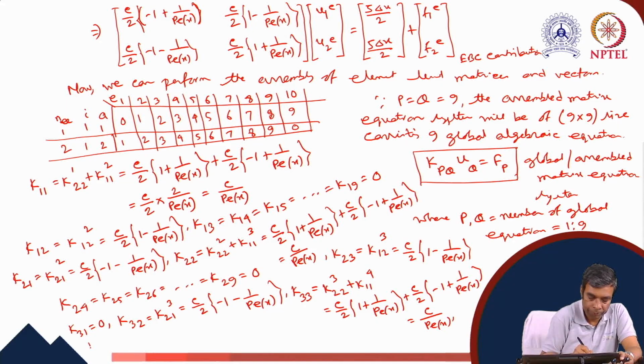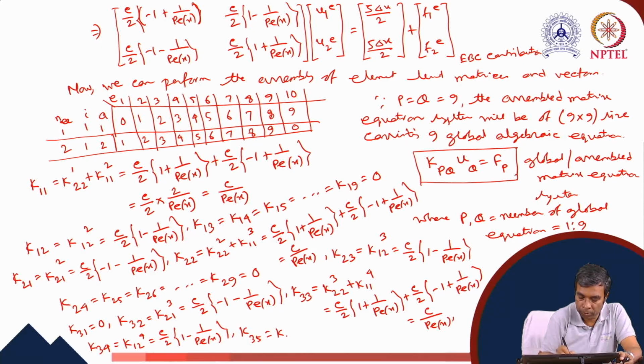So now we have K34 equals K124. K124 equals C by 2 into 1 minus 1 by PEX. K35 equals K36 up to K39 equals 0.